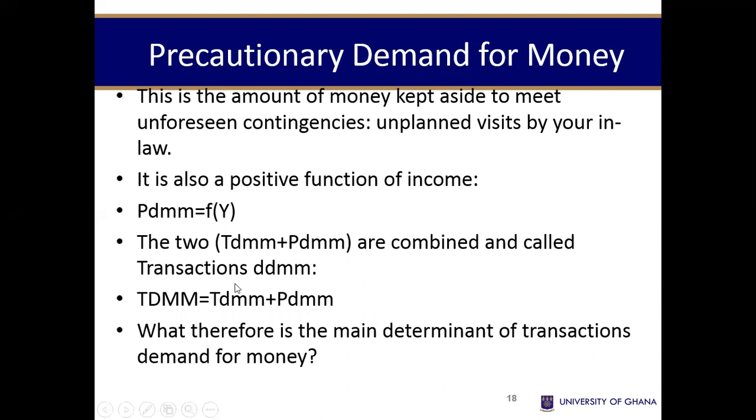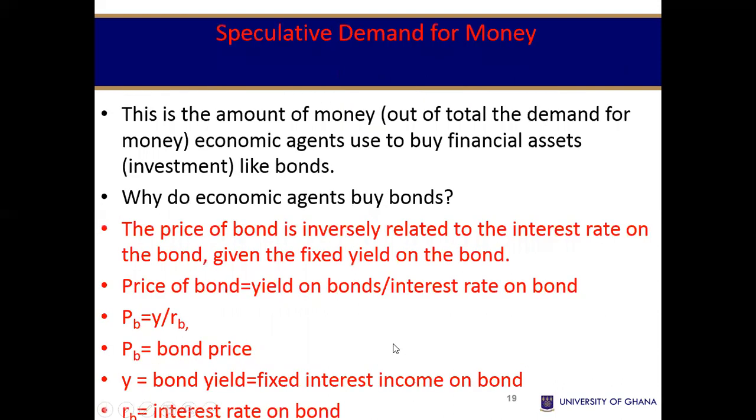When they combine the speculative and the transactional motive for holding money, they call them the transactions demand for money, and those are positively related to income. And then we know that interest rate is negatively related to the speculative motive for holding money.